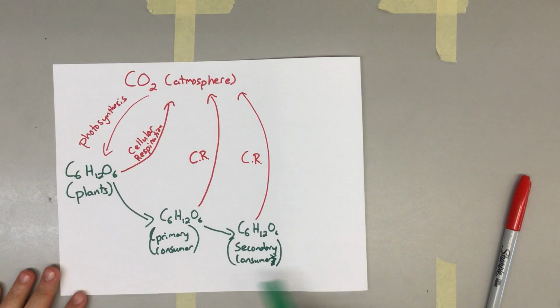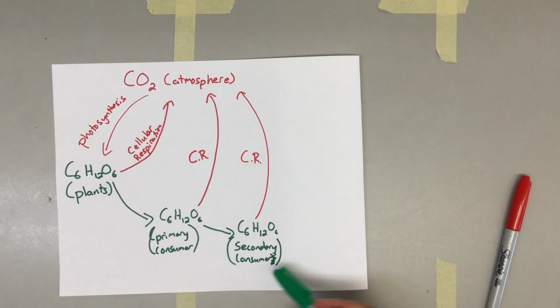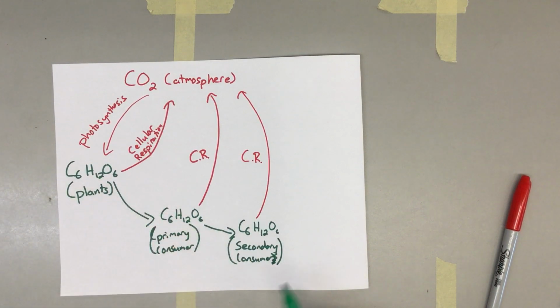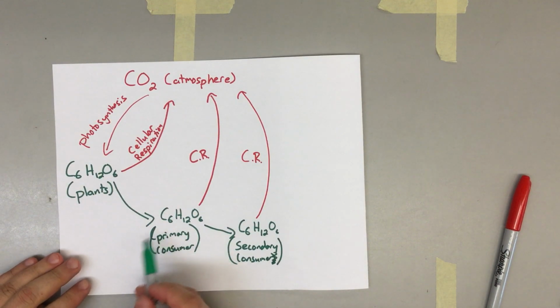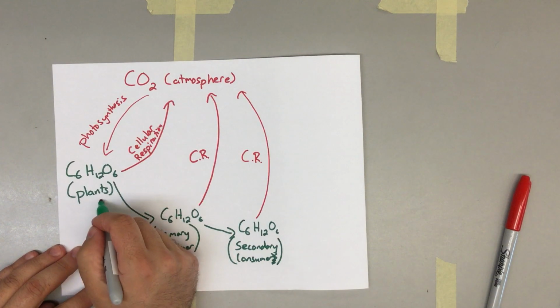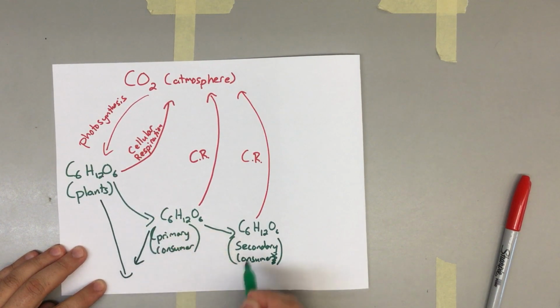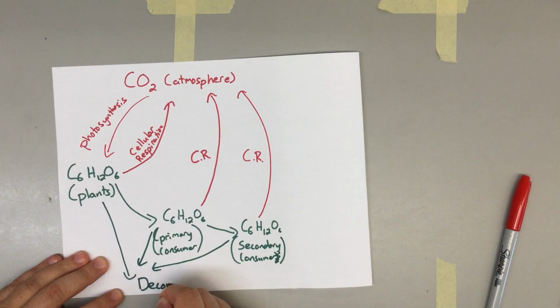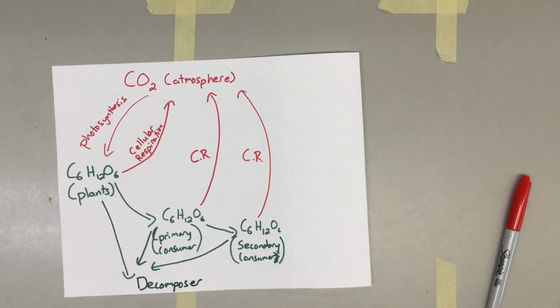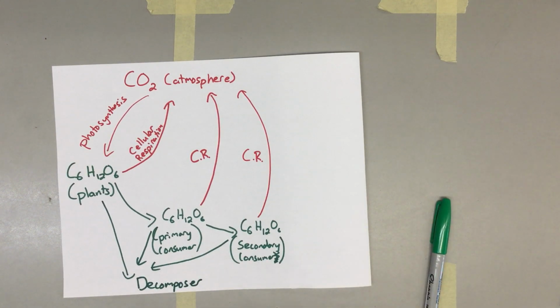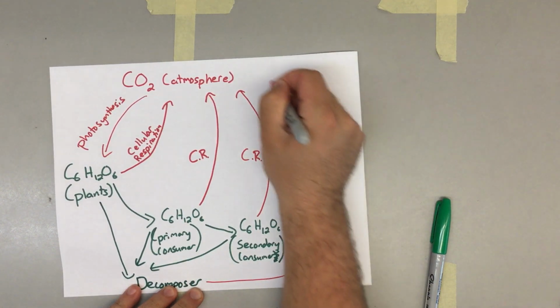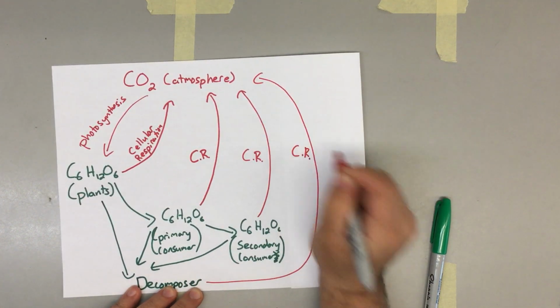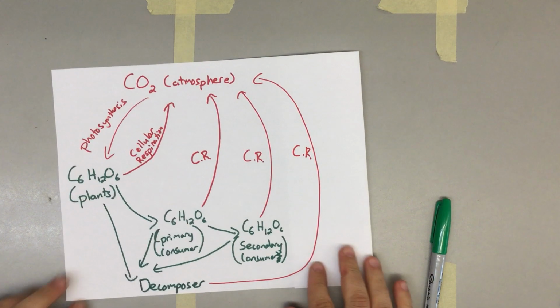Let's say for whatever reason this secondary consumer is the top consumer in that food chain. Another option of what might happen here is if this organism or any of these organisms die and are not consumed by consumers, it might go to a decomposer, which then again would go through cellular respiration and release CO2 into the atmosphere.